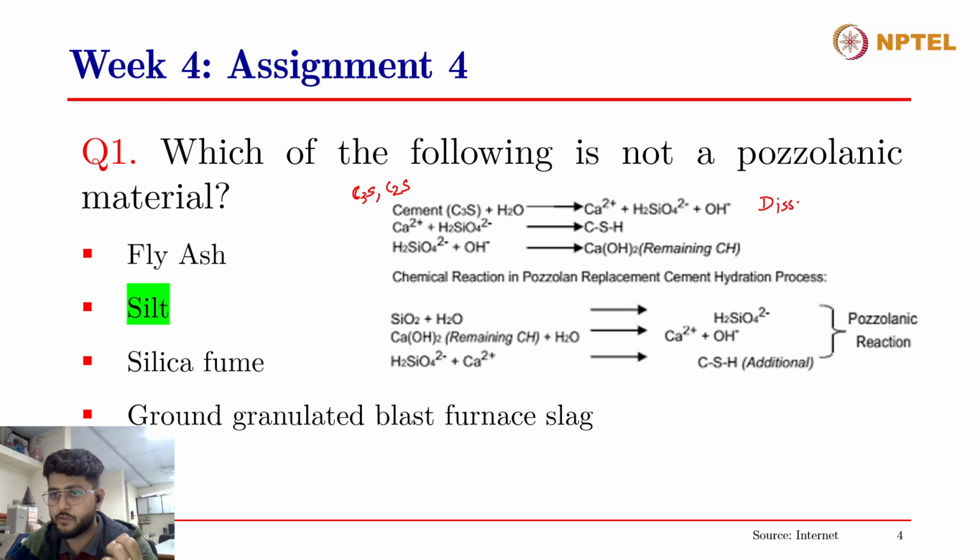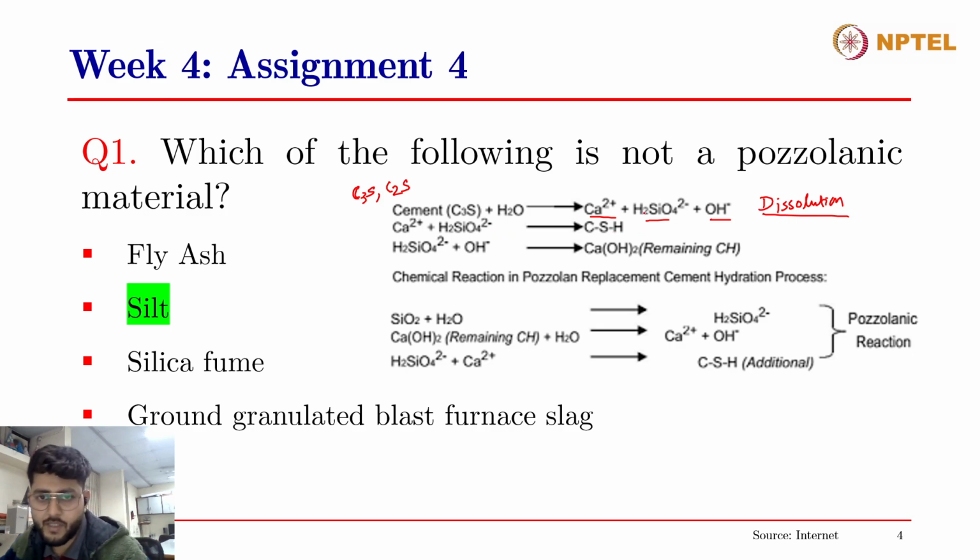So the dissolution of the cementitious phases. And in this first phase, the cement phases dissolve and release calcium ions, and the silica from these phases also dissolves in the water and forms this silicate ion. And then there is OH minus ion coming from the water, right?